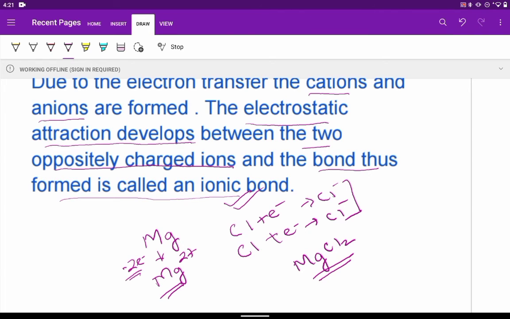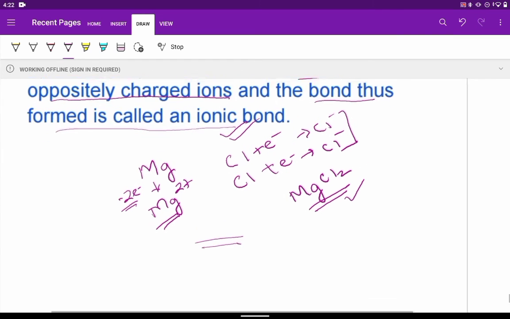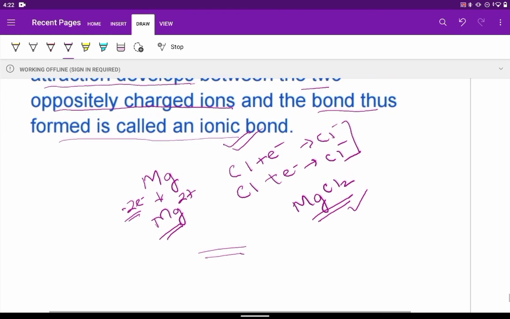So here we see that sodium loses 1 electron, magnesium is losing 2 electrons. Because it is having 2 electrons in its valence shell, it has the capability to lose both the electrons. That will be gained by chlorine, 2 different atoms of chlorine. So we get 2 chloride anions, and because of the electrostatic force of attraction, we find the formation of MgCl2, magnesium chloride. So this is another example of ionic bond formation.